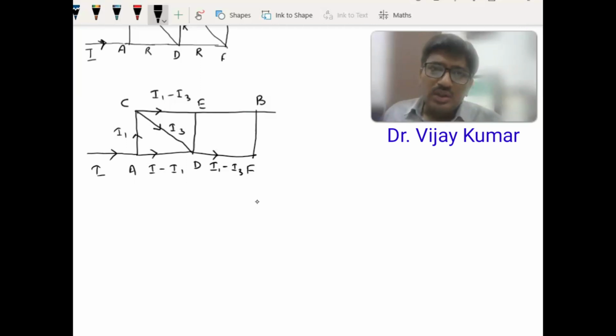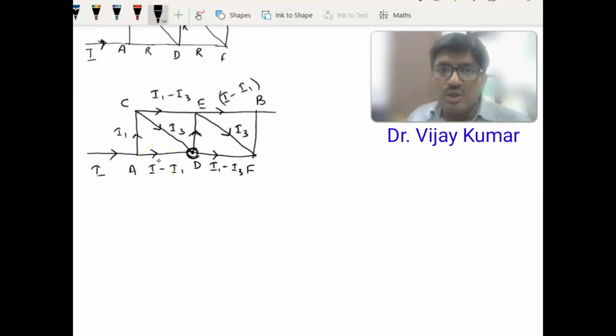At this junction the current coming from the A side is I minus I1, and since CD is parallel to EF, the current in this diagonal should be I3.